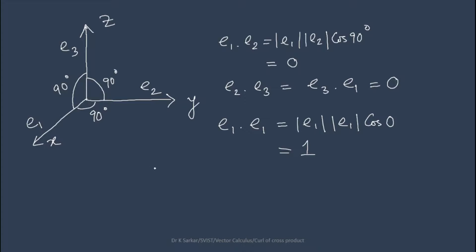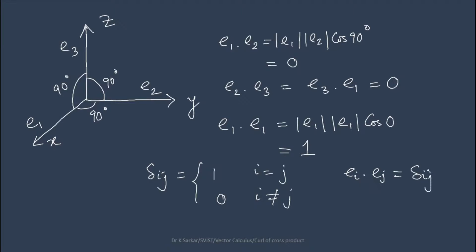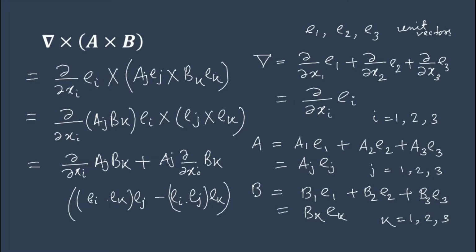Now we know delta ij equals 1 for i equals j and 0 for i not equal to j. Therefore ei dot ej equals delta ij. So this ei dot ek is delta ik and ei dot ej is delta ij.